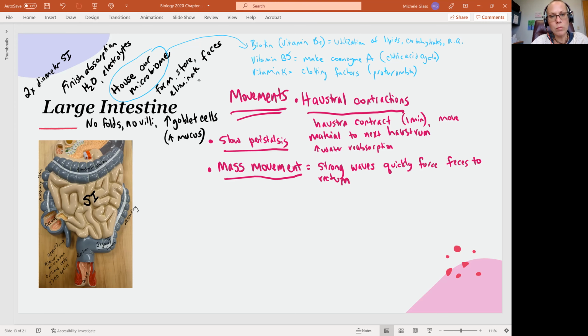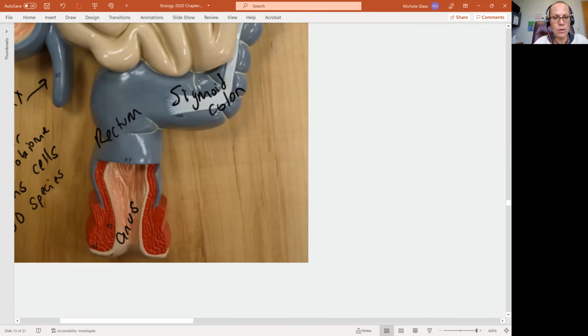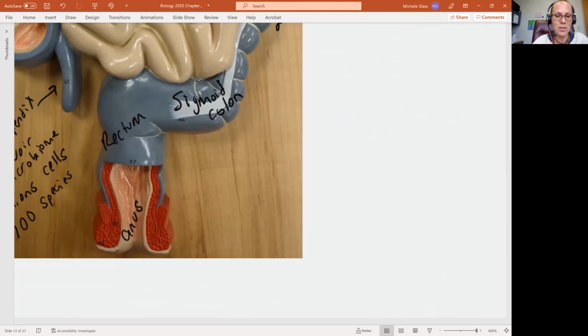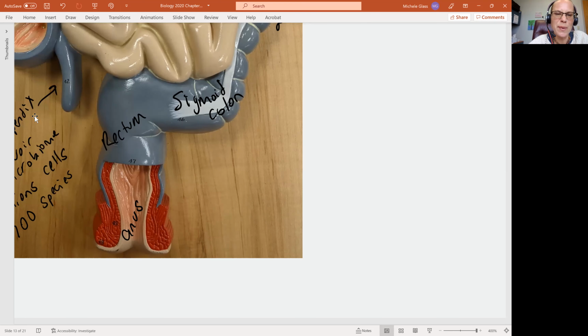The other thing I want to say before we get into that defecation reflex, let's take a look back down here at our anus. So I'm zooming in here on the picture that we have. It's not a diagram, right? It's an actual picture of a model. And what we're seeing surrounding the anus is skeletal muscle.